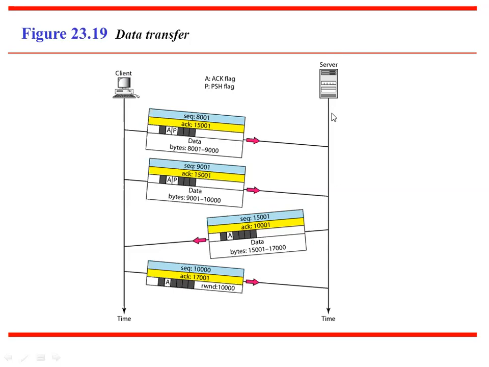Now similarly on the receiving side, if it is receiving a packet with the push flag set, it means that it will have to deliver those bytes, whatever it is receiving in that segment, as soon as possible to the receiver application program.